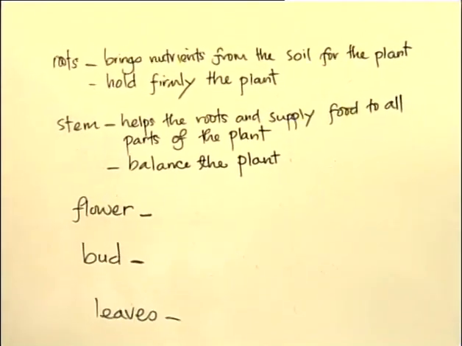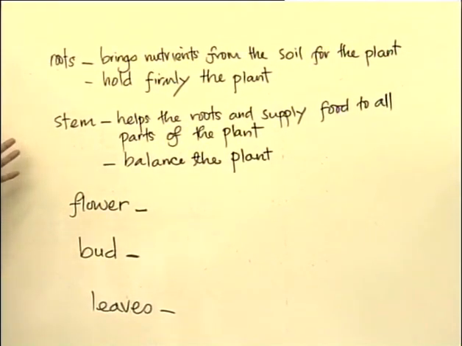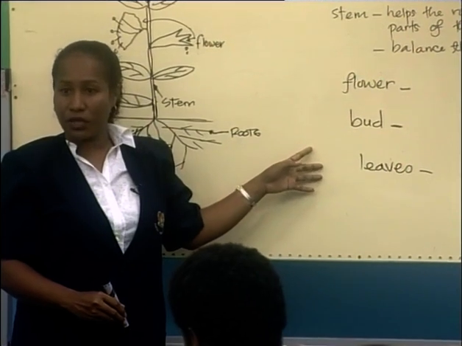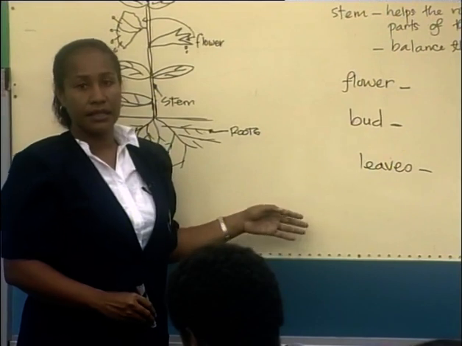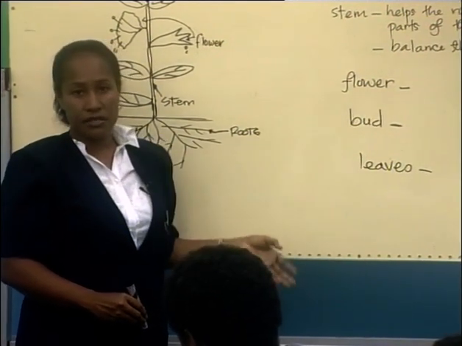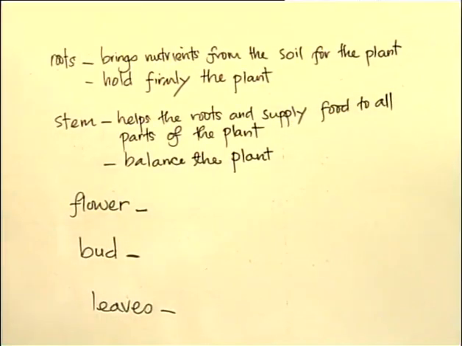Hands up if you are still working on this. I'm sure not all of you have completed the next activity B. Is that true, model class? For the receiving class, if you have completed that, then good on you. We will go through the functions of the parts of the plant now. Let's go through the functions of each of the parts.